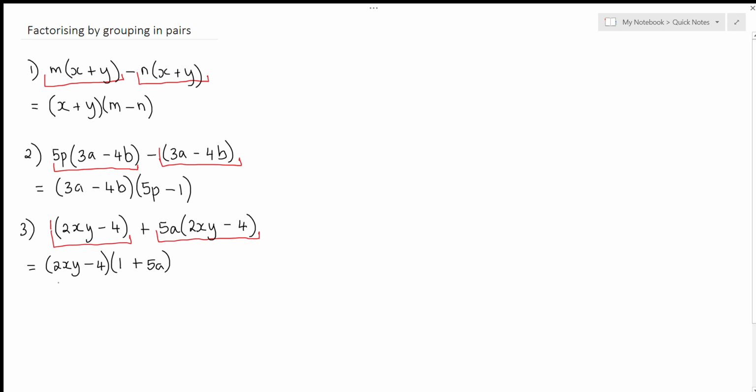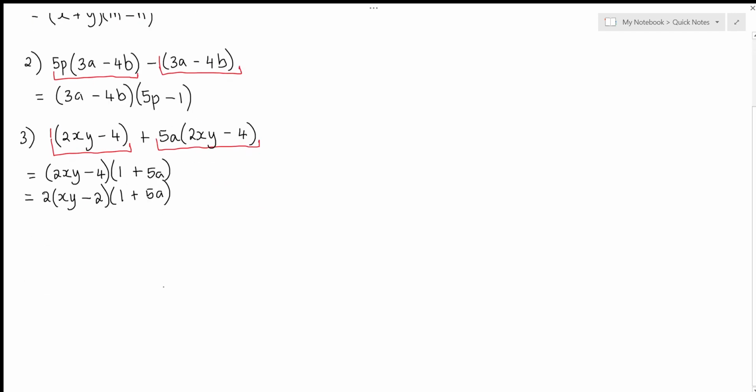But if you look at your first bracket, you would see that there's a common factor here of 2. So you'd need to take out your common factor. So my common factor that I will remove from this bracket is a 2. And I'll be left with xy minus 2. And then we've got 1 plus 5a.